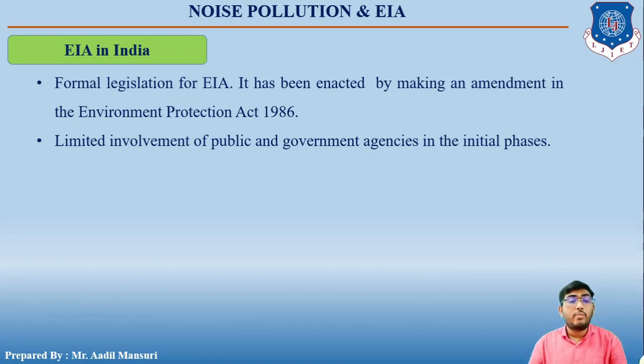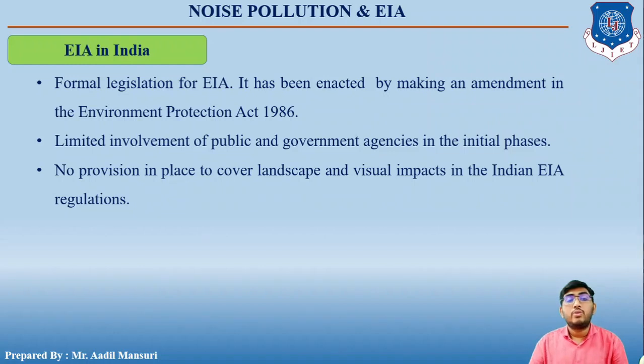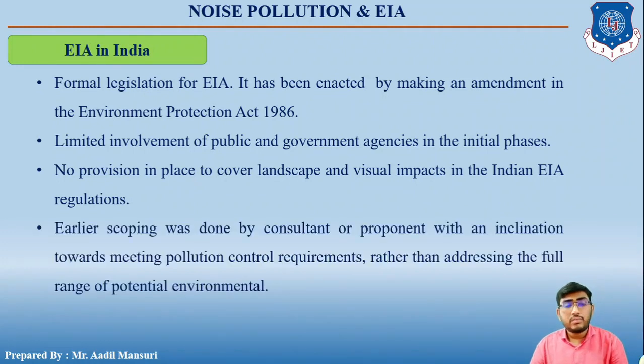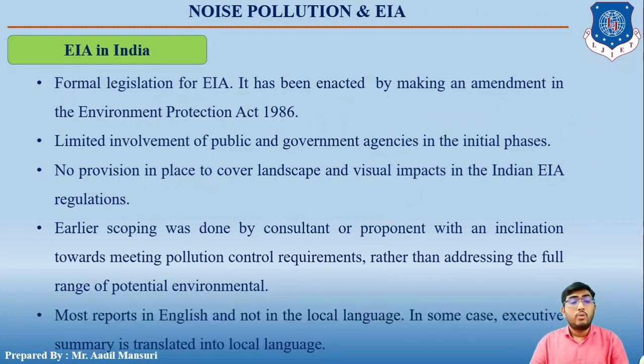There is limited involvement of public and government agencies in the initial phases, no provision in place to cover landscape and visual impacts in the EIA regulation, and earlier scoping was done by the consultant or proponent with an inclination towards meeting pollution control requirements rather than addressing the full range of potential environmental impacts. Most reports are in English and not in the local language. In some cases, the executive summary is translated into the local language.